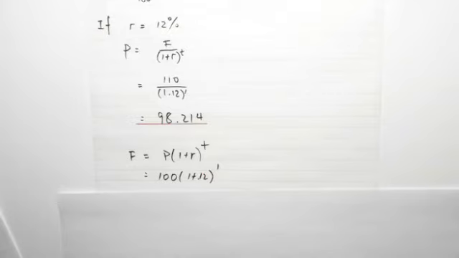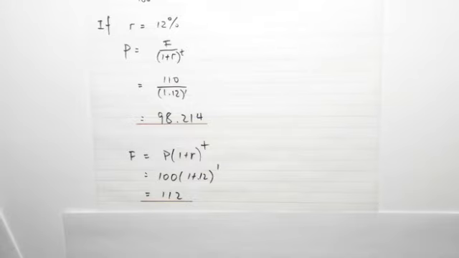So we put our $100 into the formula F equals P (1 + R)^T, and we determine that the future value here is $112. So therefore, again, we will not take this offer, because you will not pay 100 to get 110 when you can get 112. Thank you.